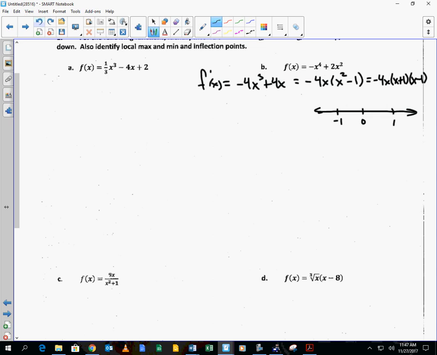And it passes through 0, negative 1, and positive 1. So I know the shape of this cubic. If you don't know that, then you're going to have to do interval testing. It's just the way it goes. Yeah, you could. It's just going to take a long time.